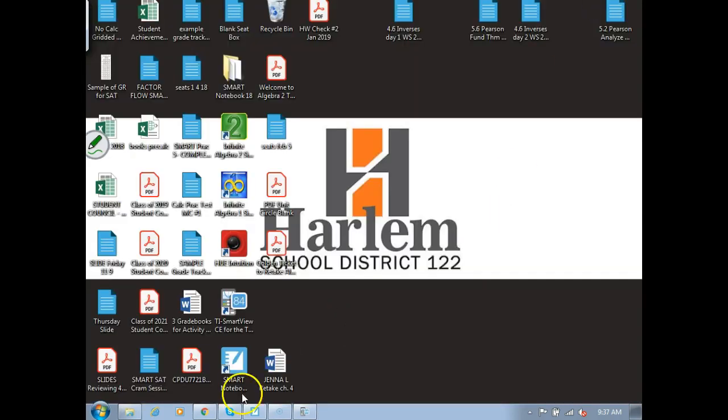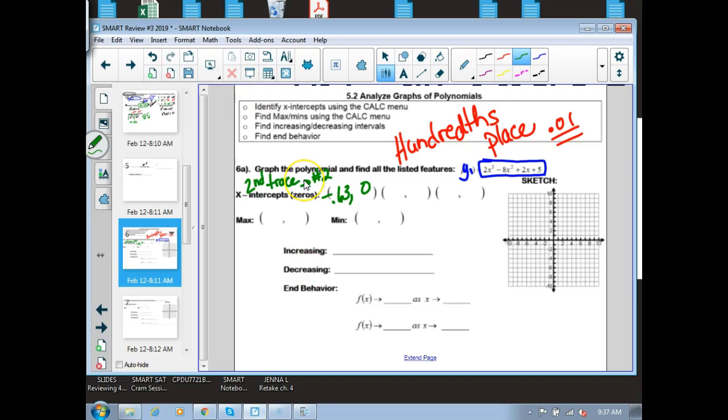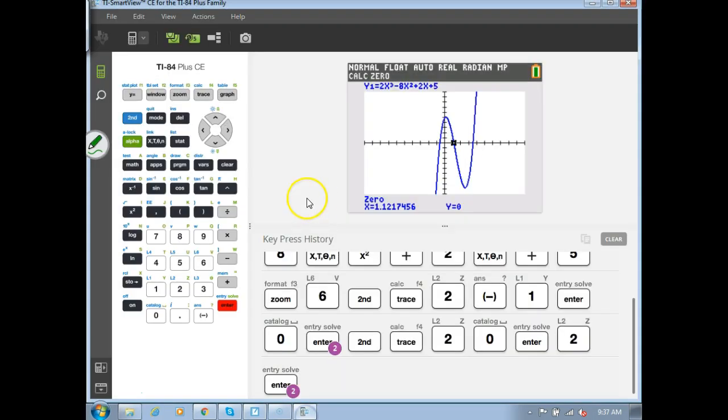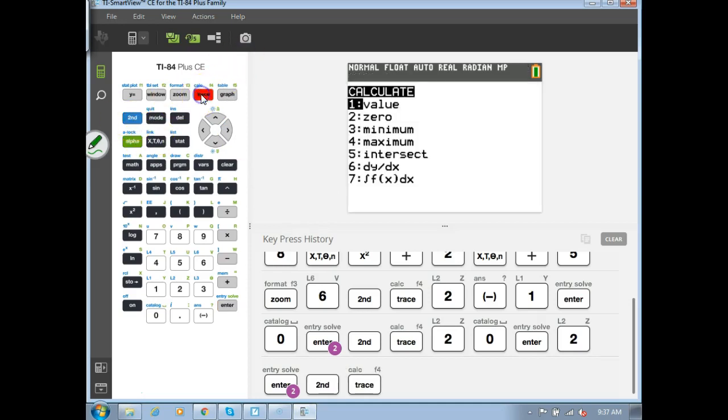Where'd you go, paper? Alright, 1.12. And then same process for that last one. I'm going to save myself a little time. It's at, oh no I'm not, because I didn't round the right way. Darn it. Alright, so second trace, it's about 3.5, so keep that in mind when we make our guesses.